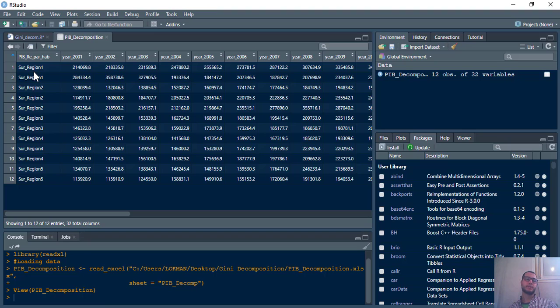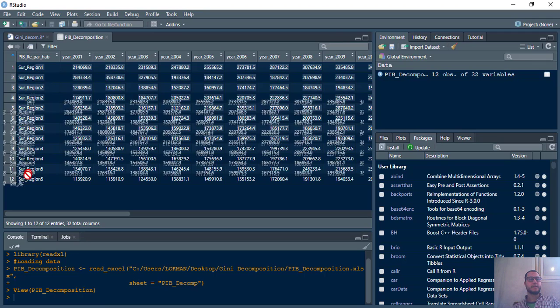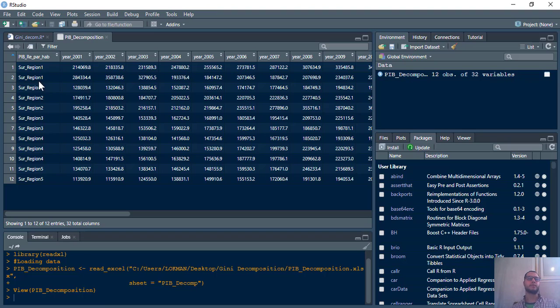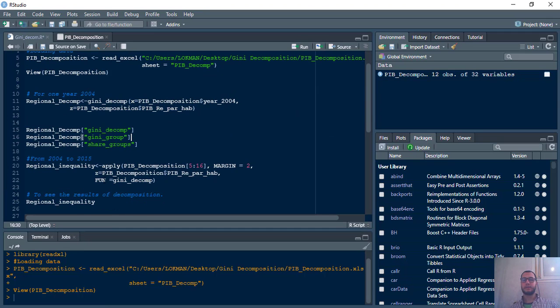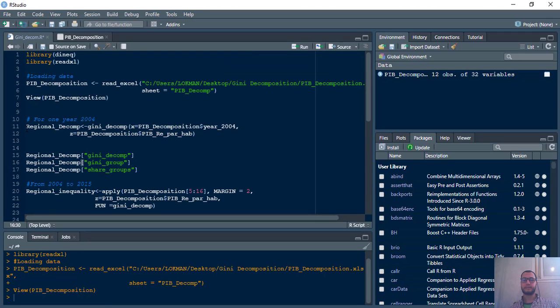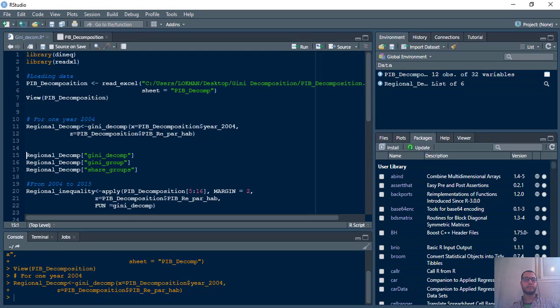The vector z is the characteristic used to decompose Gini. For my example, I will decompose the Gini coefficient based on this criterion: subregion 1, subregion 2, 3, and 5. So we start with the first year, 2002.